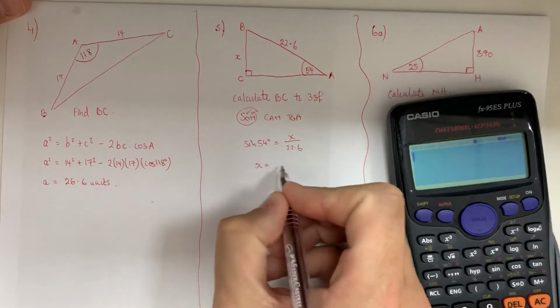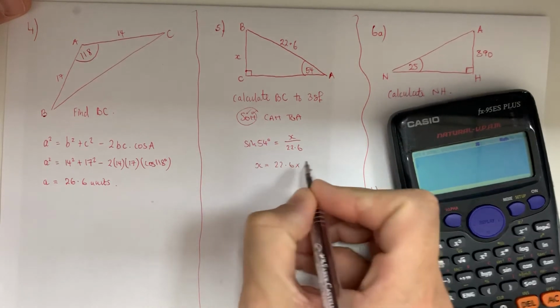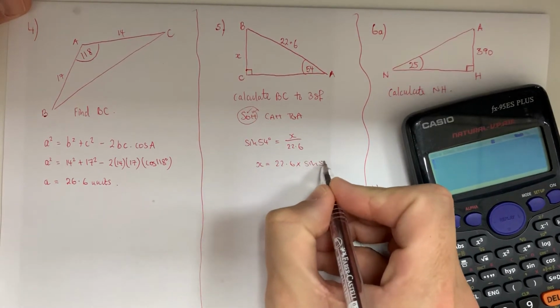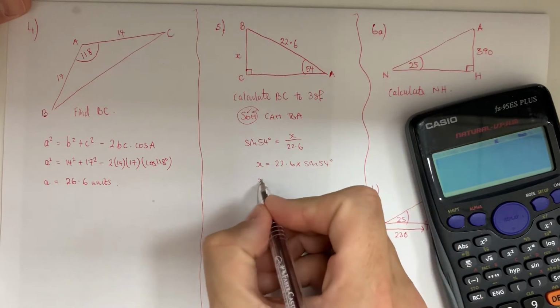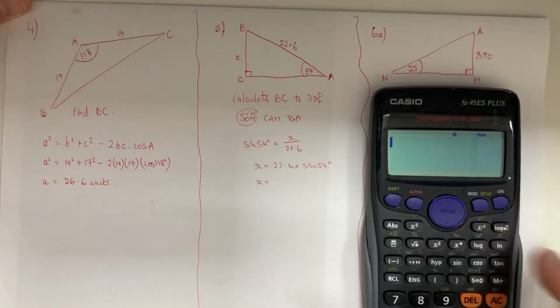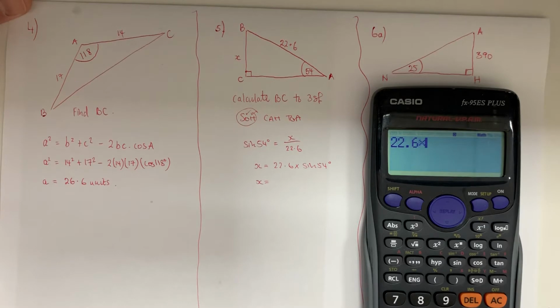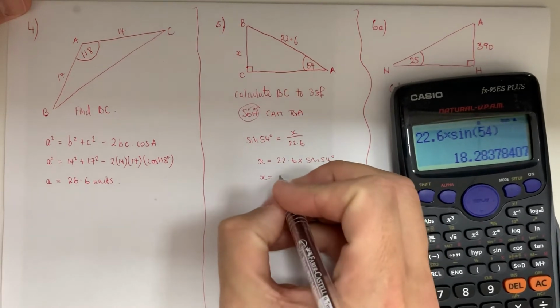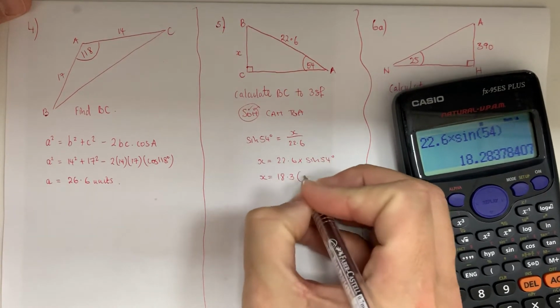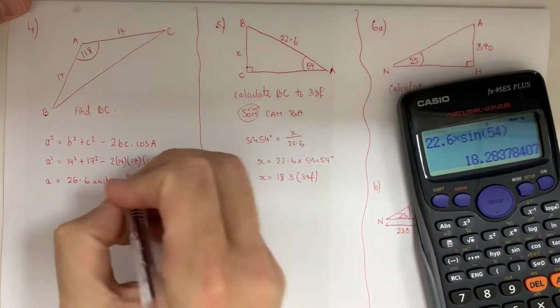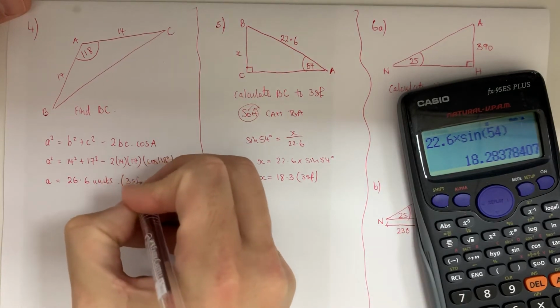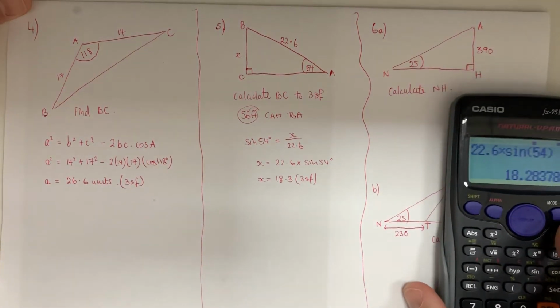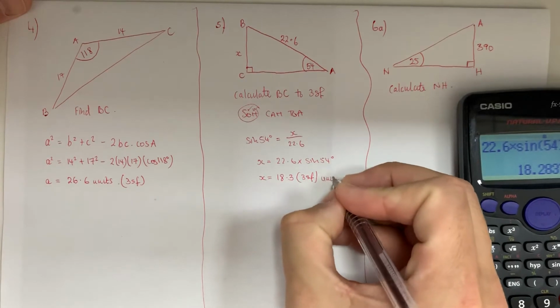So x is equal to 22.6 times sine 54 degrees. So pop that in, 22.6 multiplied by sine 54, and I get 18.3 to 3 significant figures. That was also 3 significant figures here, and then whatever the units were for the length.